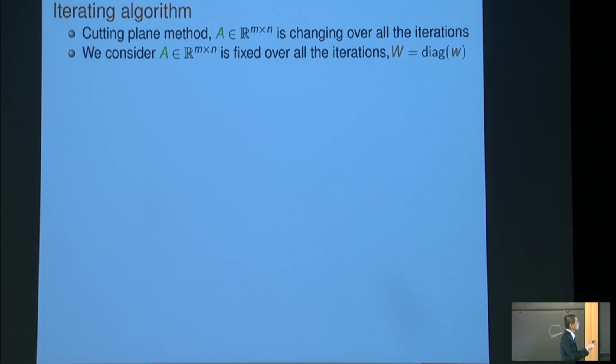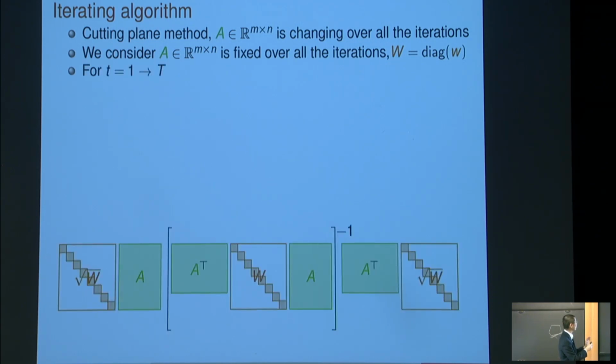Okay, I need to define some W vector, which is a W matrix, a diagonal matrix. Right now I'm going to roughly tell you how we actually compute the scores, or why it's expensive. There are capital T iterations.